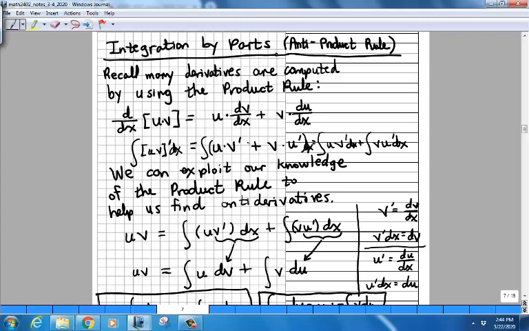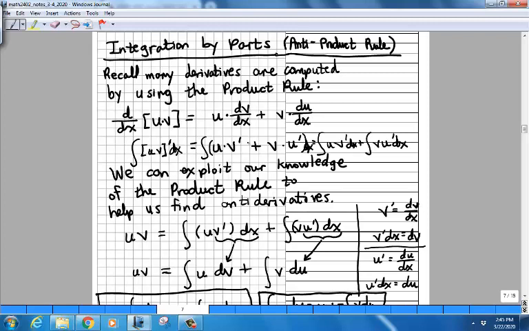Now, on the right-hand side, you have the sum of these two integrals. But as I pointed out a second ago, notice that v prime times dx, we can write that as dv. So I'm going to rewrite this v prime times dx as dv, and this u prime times dx, notice that's the same as du.